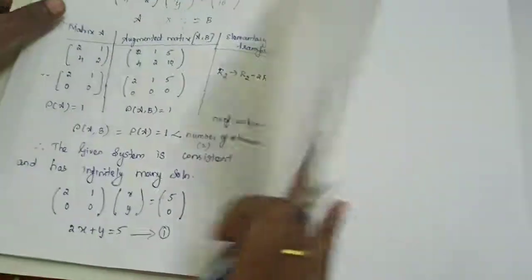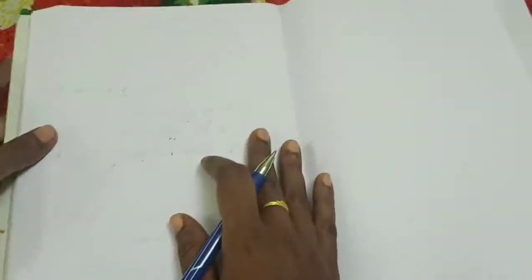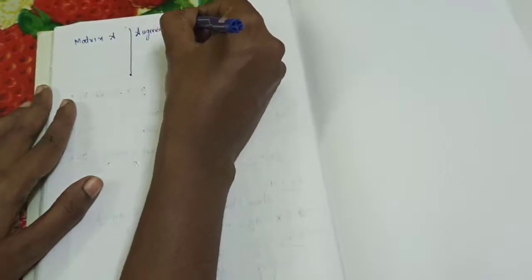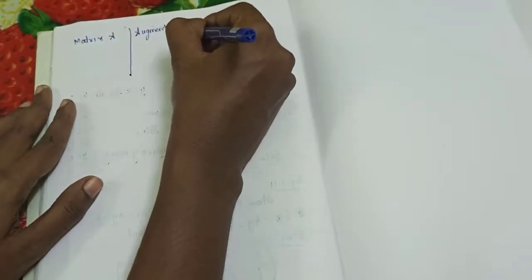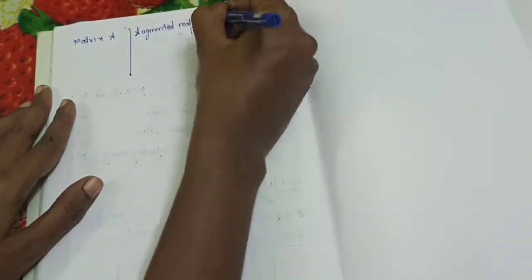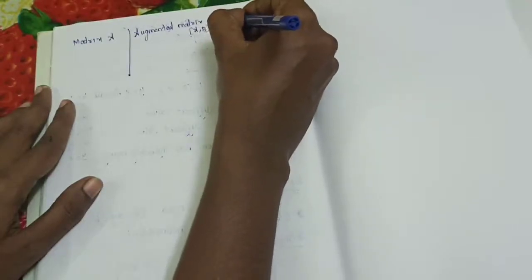Then next, what will you do? We will write matrix A. Then the next one is the augmented matrix, A comma B. Then the next one is elementary transformation.